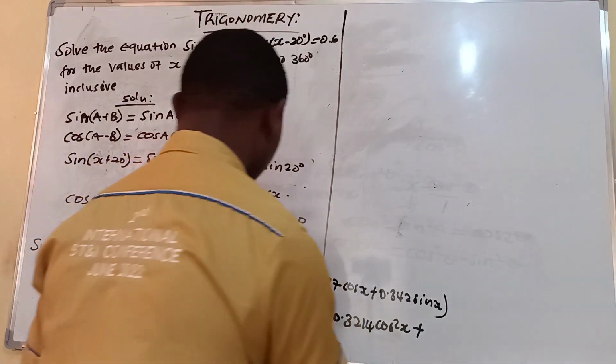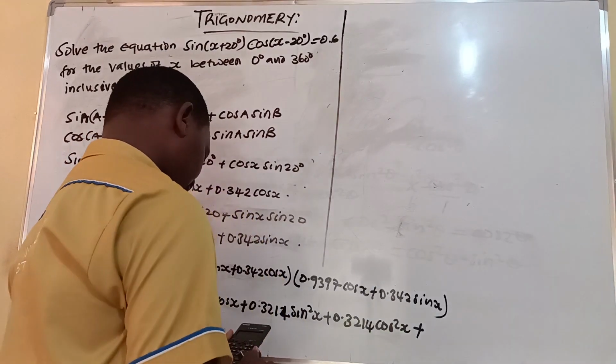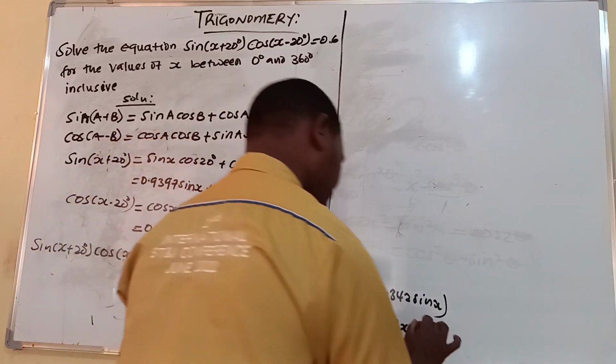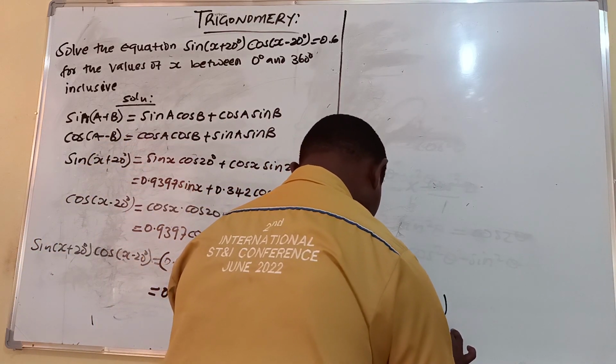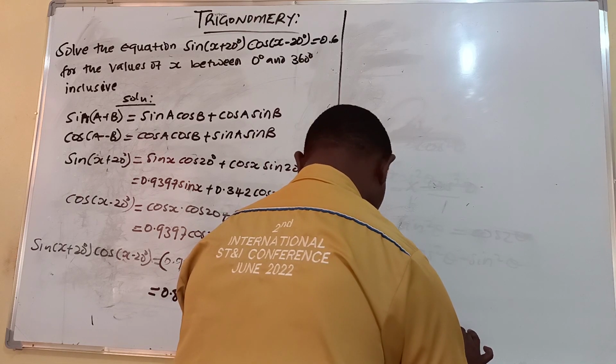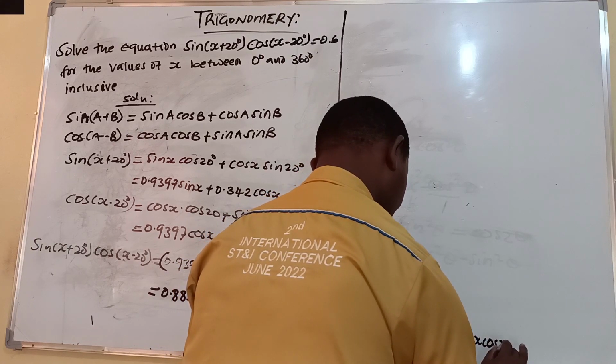If you square 0.342, you get 0.117 sin x cos x.